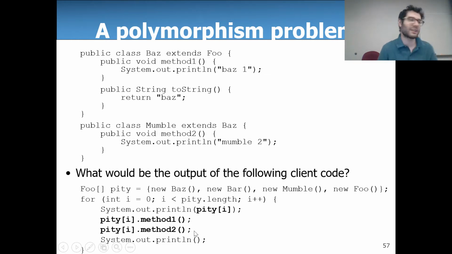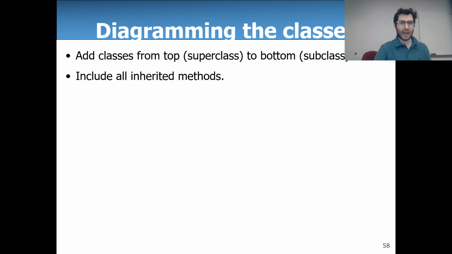So of course the question is, what is the output? It's a lot to go through. It's only a lot because it's on two slides, but let's go through this. It's not nearly as hard as it seems. What we can do is diagram this class, which helps some people.